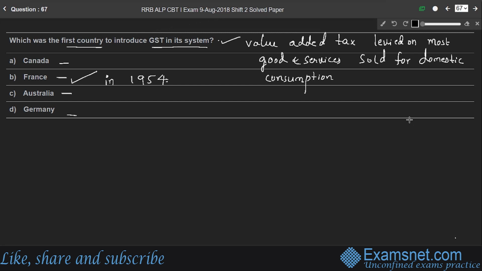In India, GST was introduced on 1st July 2017, by Finance Minister Arun Jaitley, by passing the GST bill in Lok Sabha.